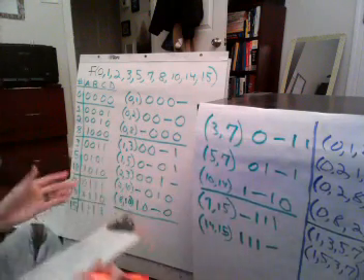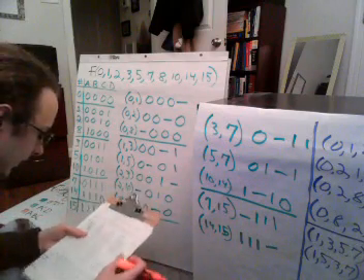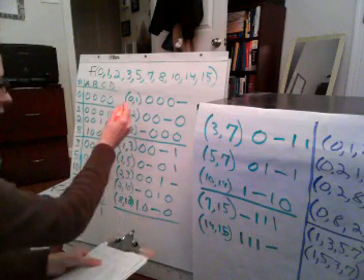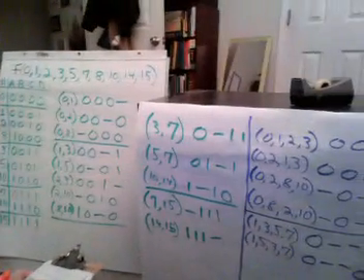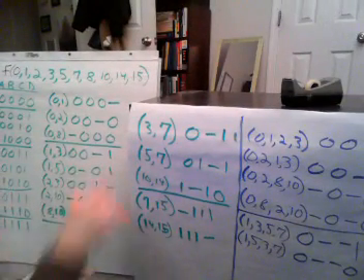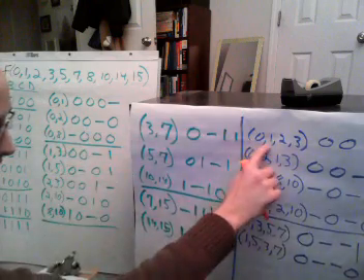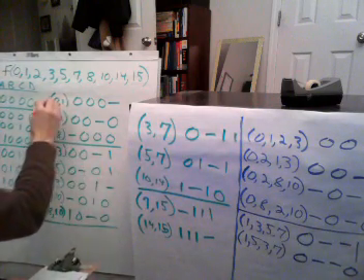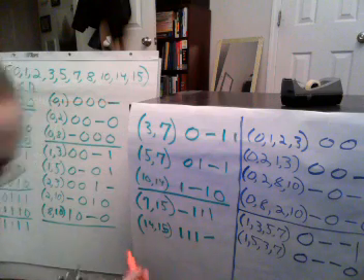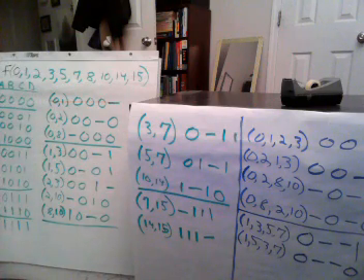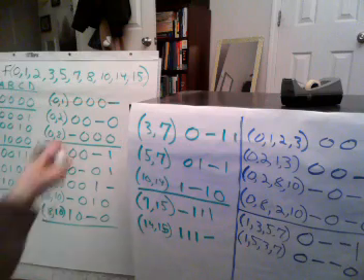But it's important to know which ones we do and which ones we don't. So we used 0, 1 here. Like, there we go. So we use 0, 1 here. 0, 1. So I'm going to mark through it. Of course, you can't see that. Let me get a better marker.